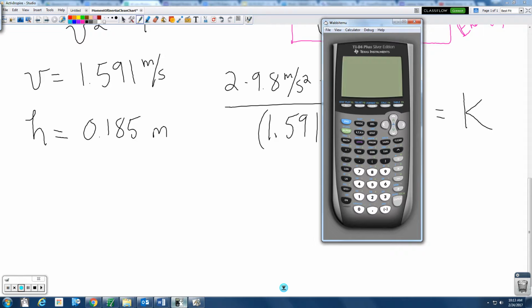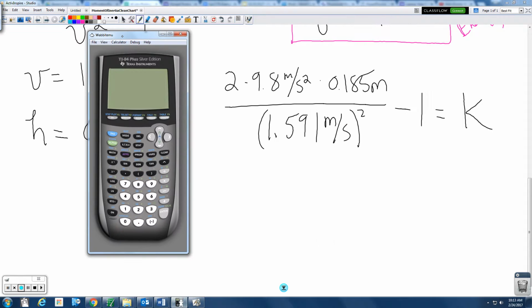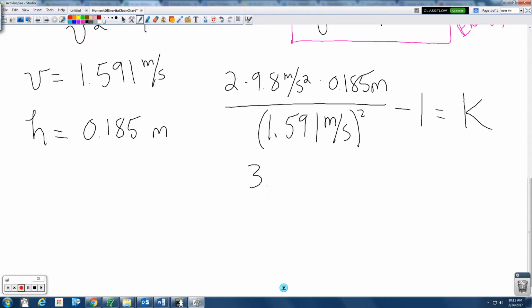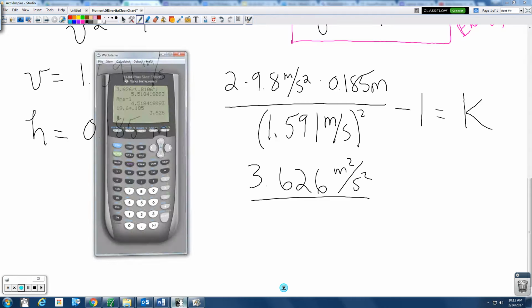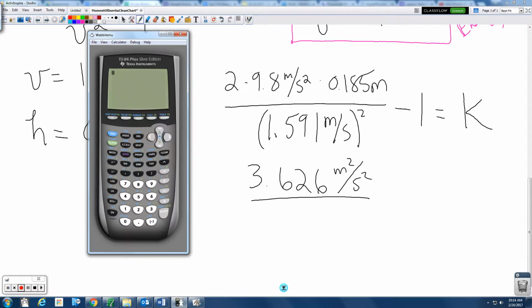So now we need to see what this is. 2 times 9.8 is 19.6. 19.6 times 0.185, we have 3.626 meters squared per second squared, divided by whatever 1.591 squared is. 2.53128.